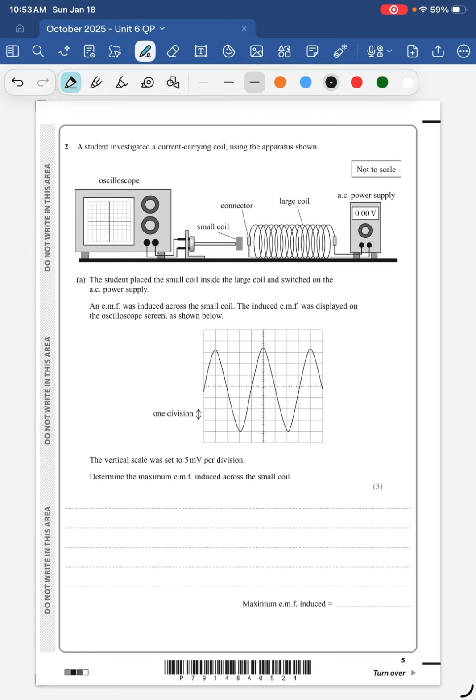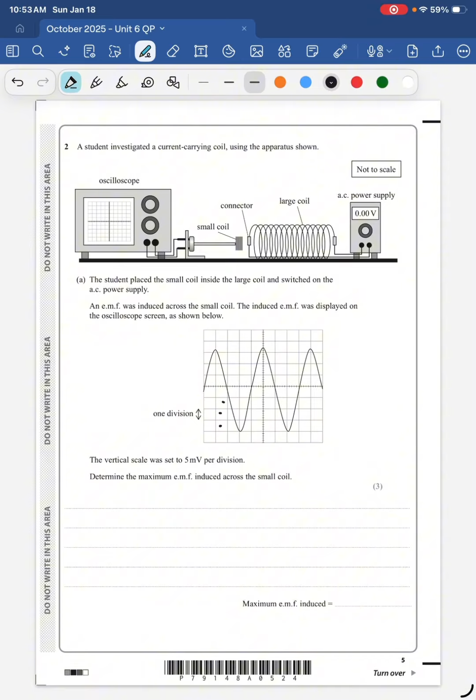It's the large coil that is provided with the AC supply. An EMF was induced across the small coil. The induced EMF was displayed on the oscilloscope screen as shown below. The vertical scale was set to 5 millivolts per division. Determine the maximum EMF induced across the small coil. So we have to count the squares, I guess.